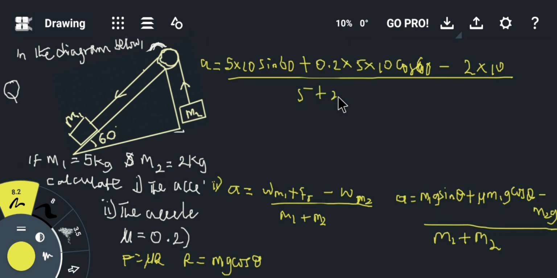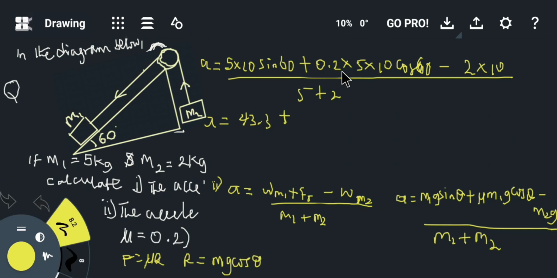The whole of this is divided by m1 plus m2, which is 5 plus 2. So acceleration will then be equal to, if we simplify these, 5 times 10 sine 60, we've done that before. We got 43.3 approximately. Plus, we have 0.2 multiplied by 5, that is 1. 1 times 10, that is 10. 10 cos 60, that is 5. The whole of this is 5.